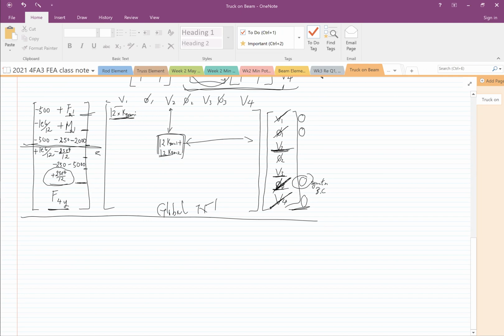Okay. V3 is -0.716 inch. So the truck sinks.